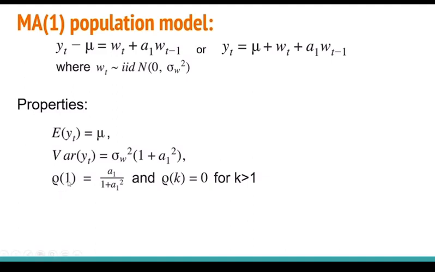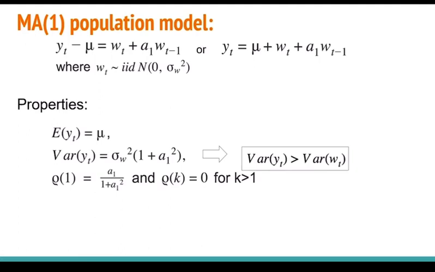And if you want to find the autocorrelation at lag 1 for MA1, then you're going to make use of this formula right here. Let me tell you this: if you're dealing with the moving average model of order 1, then for any lag k greater than 1, the autocorrelation is going to be equal to 0. I just wanted you to take note of that.